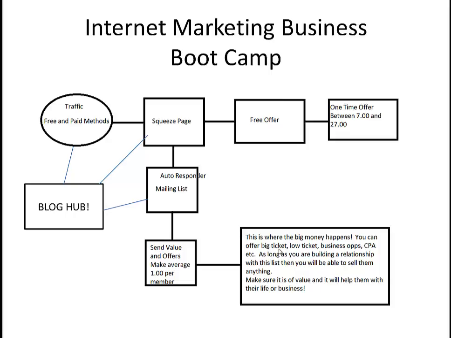Some of the people coming through your list, coming through your funnel, will have the money and the ability and the want to buy a big ticket product from you, as long as it's going to be of value to them. So don't think that people that are coming on your list don't have the means to pay $1,000, $5,000, $10,000, because some of them will. And as long as it's of value to them, they'll do it. So if you're offering it, you're going to get the commissions, or you're going to get the money for that.